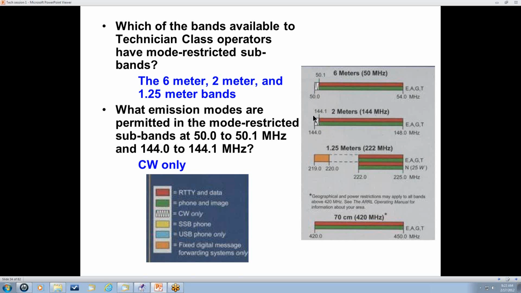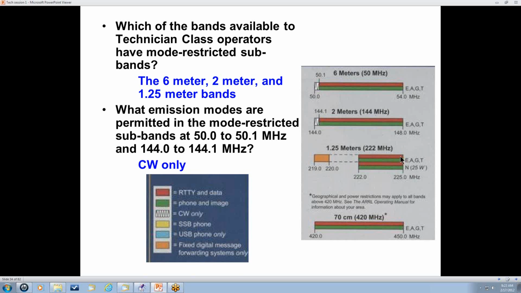Okay, we have the same thing happening in the 2 meter band. Again, Morse code or CW only in that portion of the band. And in the 1.25 meter band, we have this portion that is mode restricted to digital message forwarding systems only. So this is to be used only for digital modes, keyboard modes of operation.